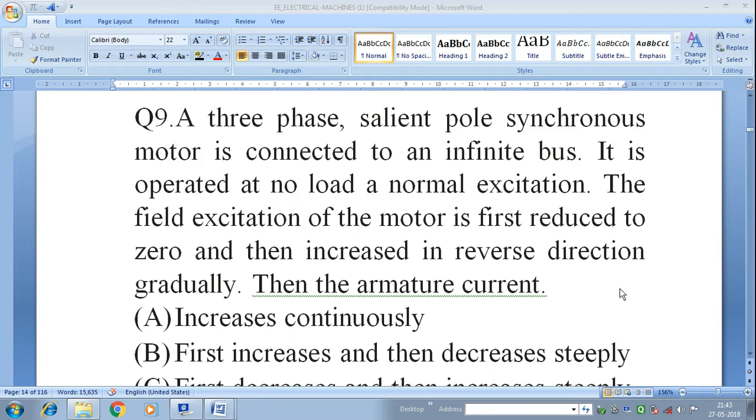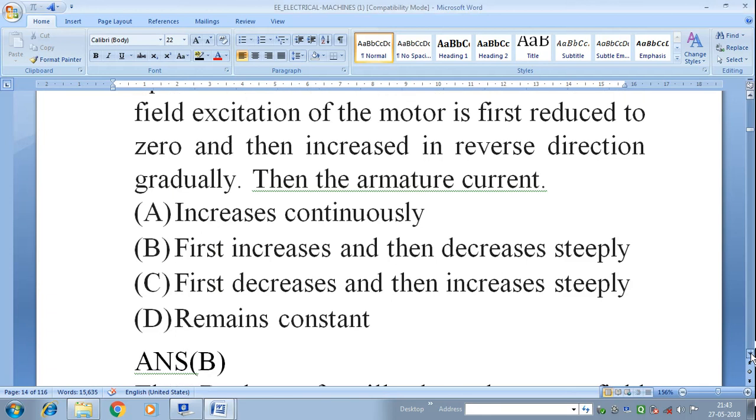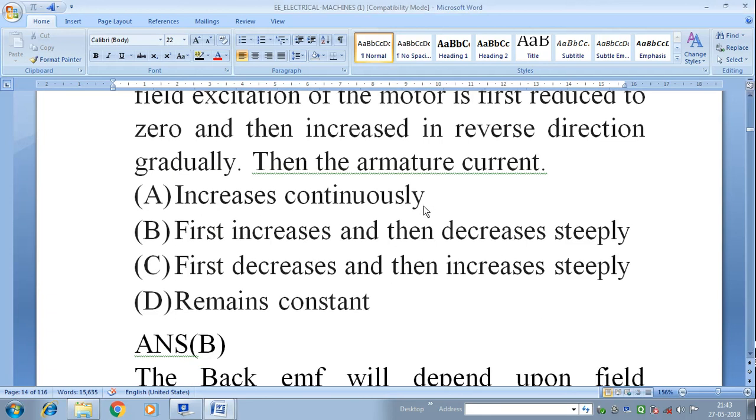Then the armature current: there are four options: increases continuously, first decreases and then increases, first increases then decreases steeply. So answer B is correct.